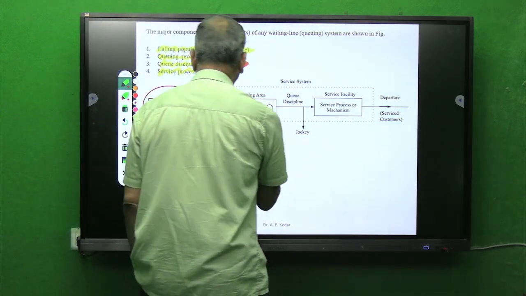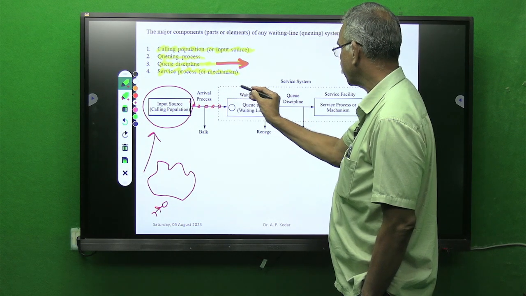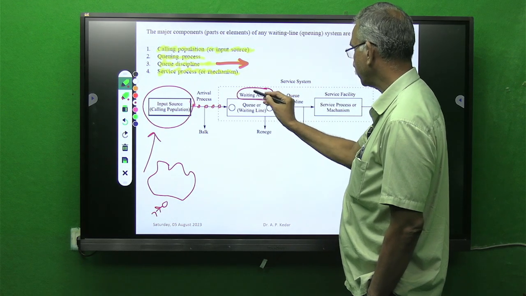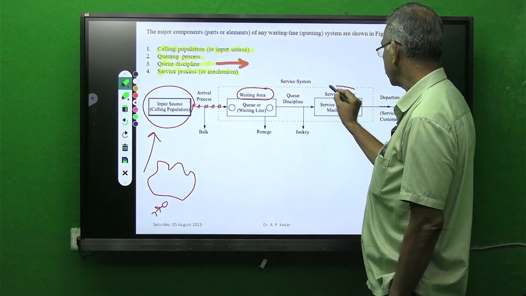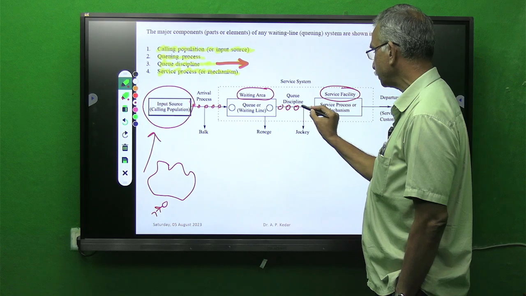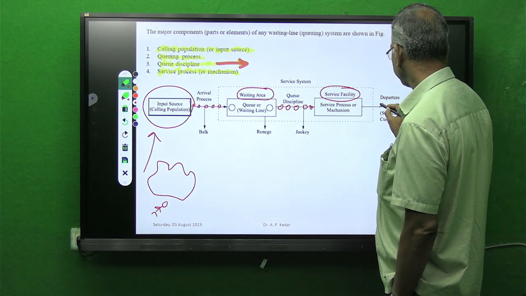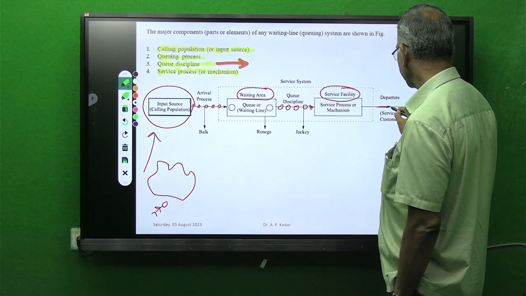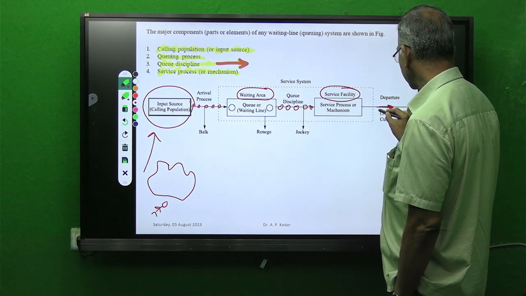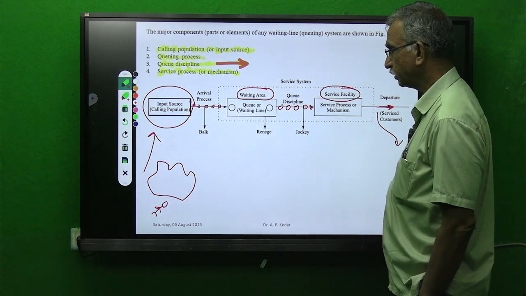Then they go through, here you can see this dotted area shown as the waiting area, then the servicing area, and here also the queue is going in a disciplined way, and after that the served customers are departing one after the other.